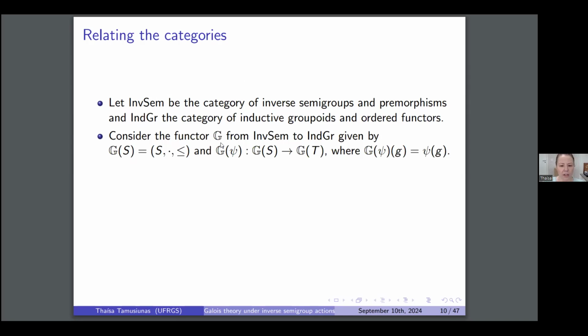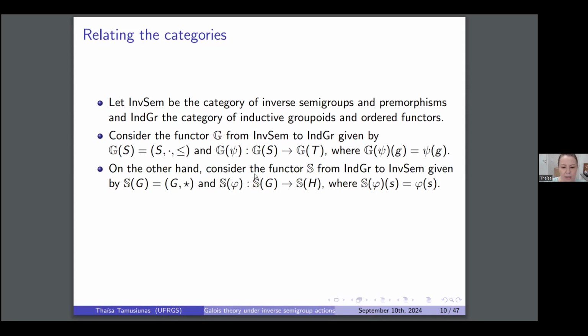We consider the functor G from inverse semigroups to inductive groupoids, and each inverse semigroup is associated to this structure that is an inductive groupoid. It is demonstrated that this is an inductive groupoid, and the functor associated here is an ordered functor.